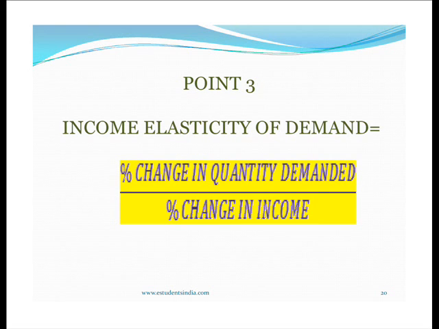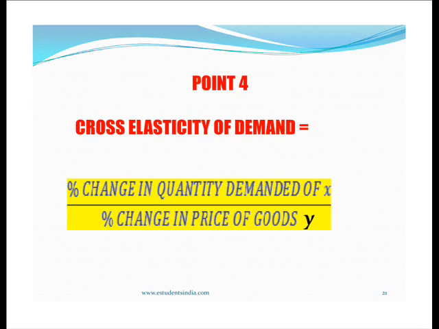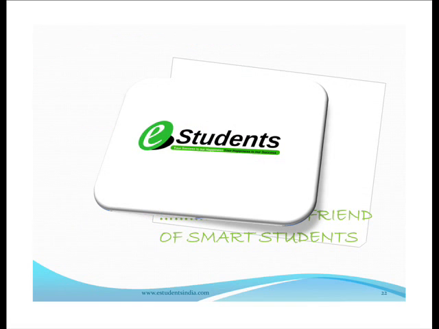Point 3. Income elasticity of demand is equal to percentage change in quantity demanded divided by percentage change in income. Point 4. Cross elasticity of demand is equal to percentage change in quantity demanded of X divided by percentage change in price of goods.